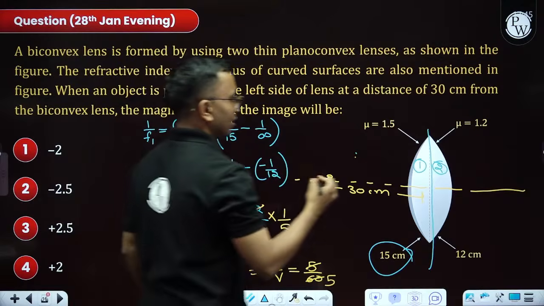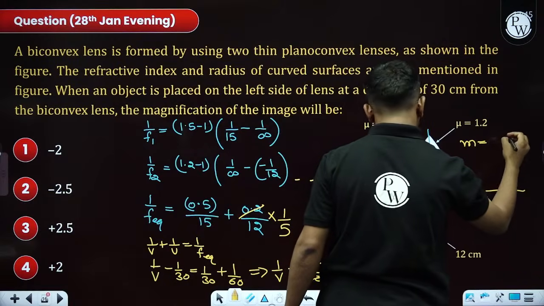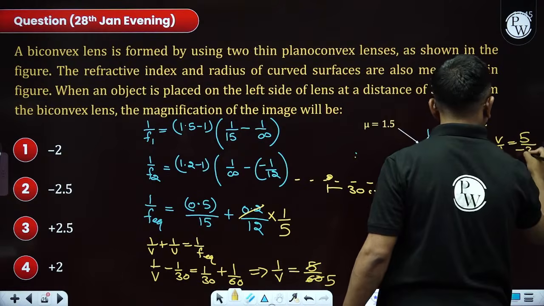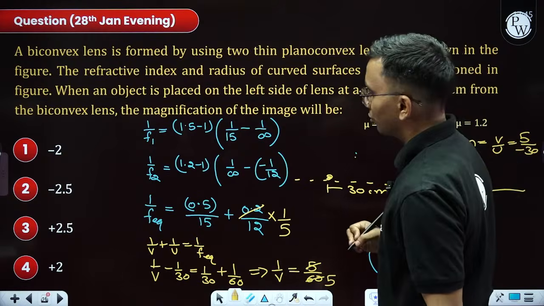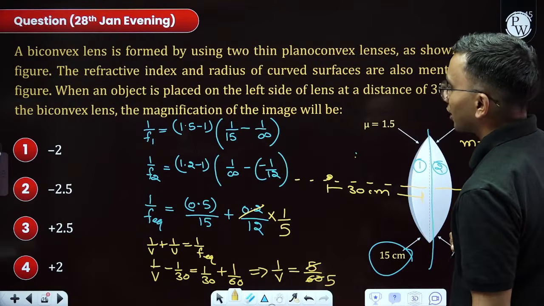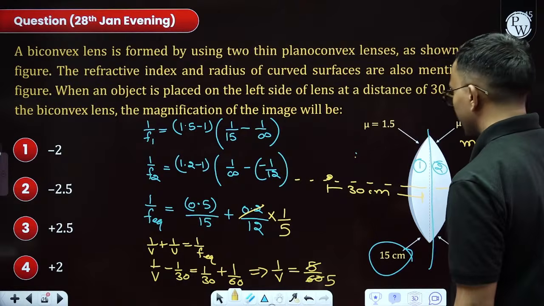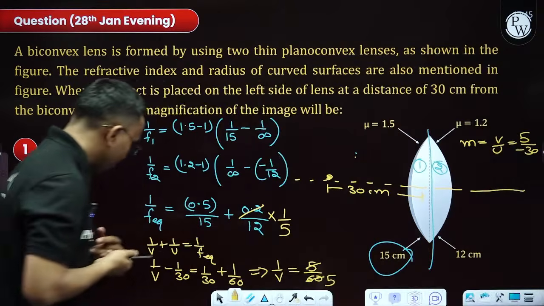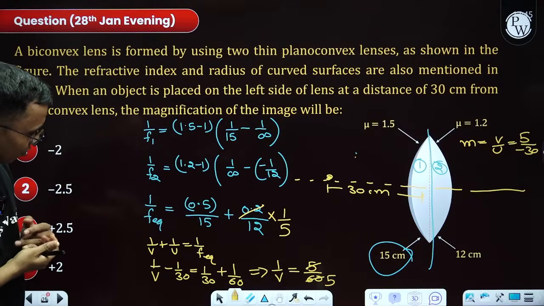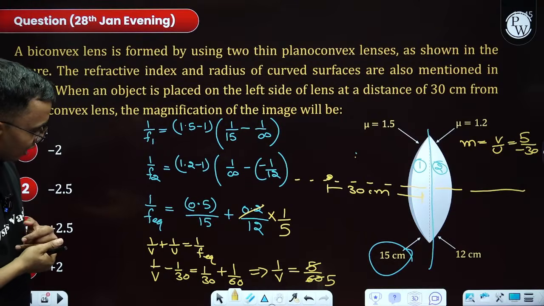What is magnification? V by U. V comes out to be 5. U is my minus 30. Okay, there is a mistake. I think it is 2 by 30, 4 by 60, 5 by 60.